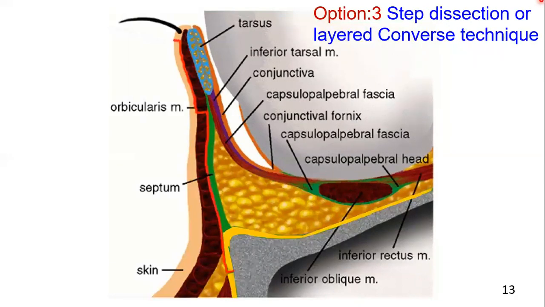Now, the third option is basically the combination of option 1 and 2, in which the subcutaneous dissection towards the rim proceeds for a few millimeters, followed by an incision through the muscle at a lower level than the skin, producing a step incision, then follow the orbital septum to the rim.